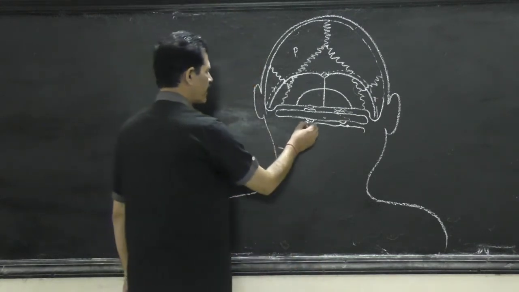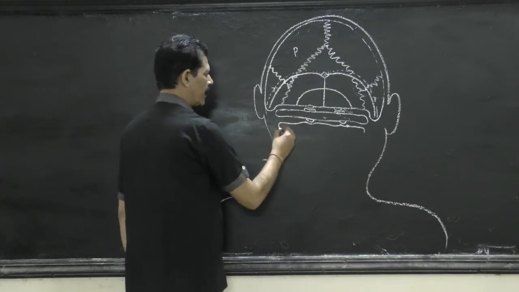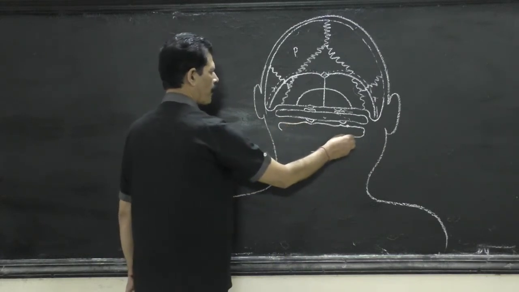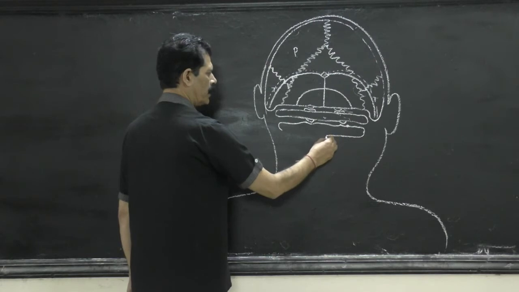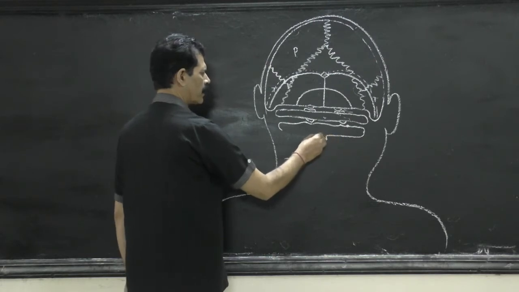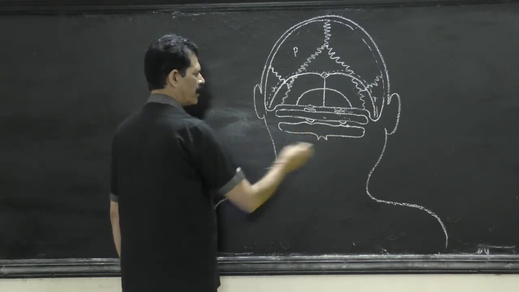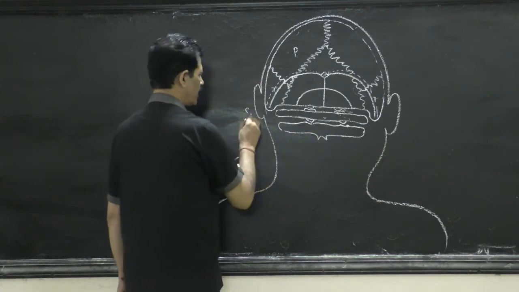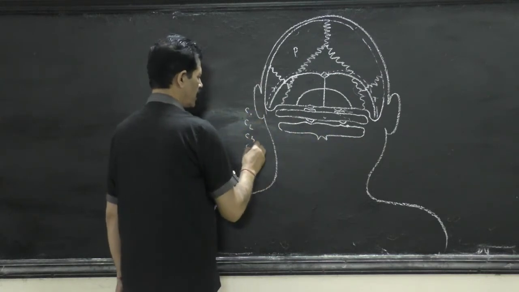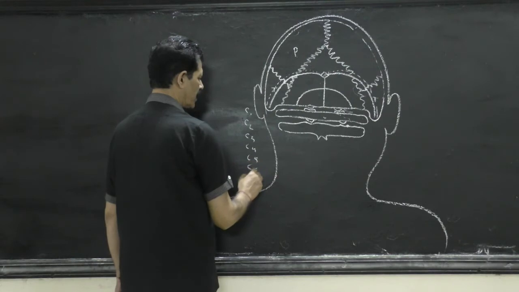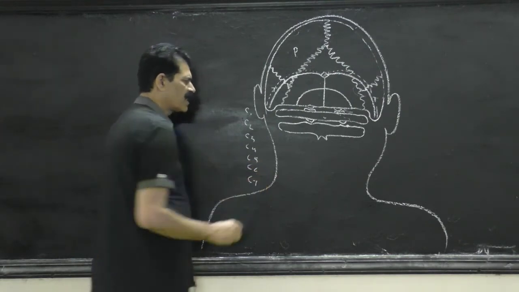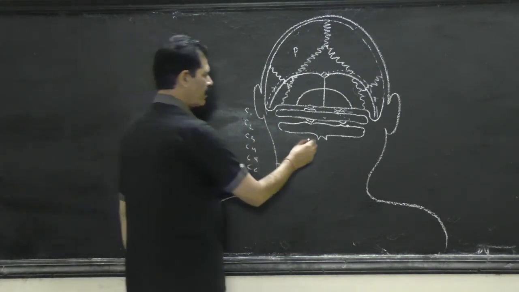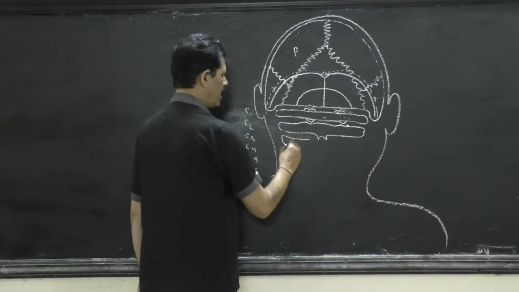So this is the axis vertebra. And another thing, the spine is bifid. So this is C1, this is C2, then C3, C4, C5, C6, and the last vertebra is C7. So this is how you have to make the diagram.